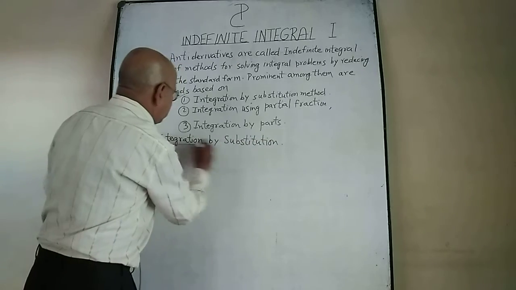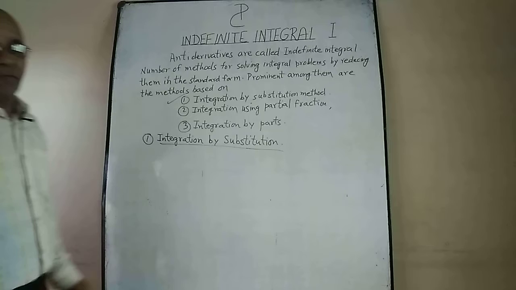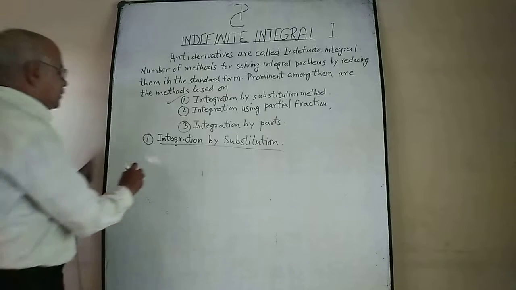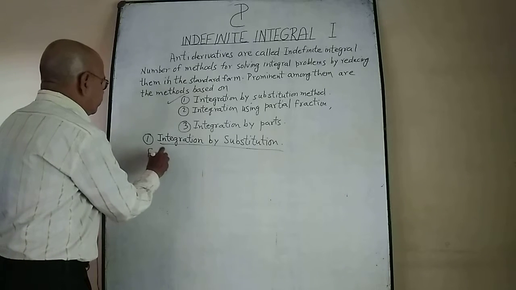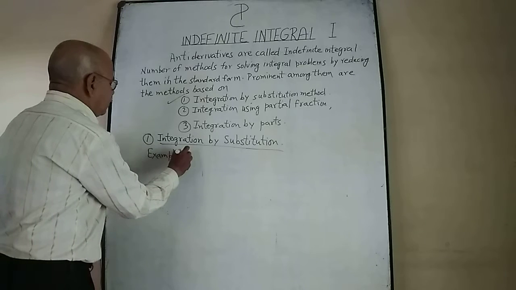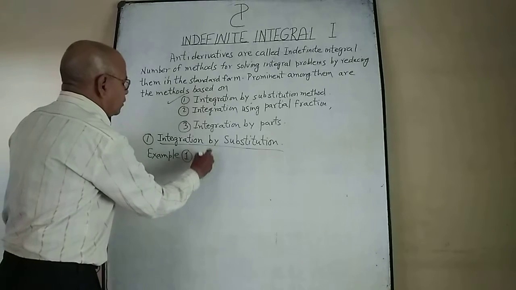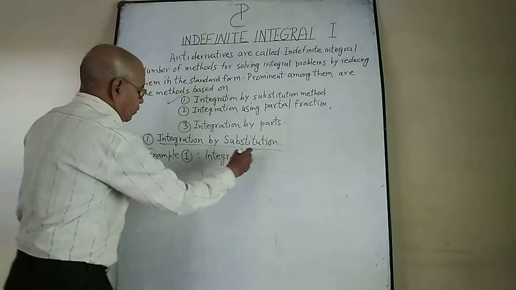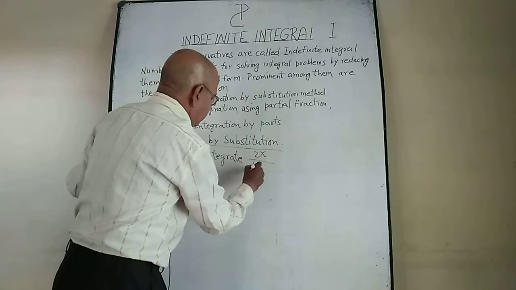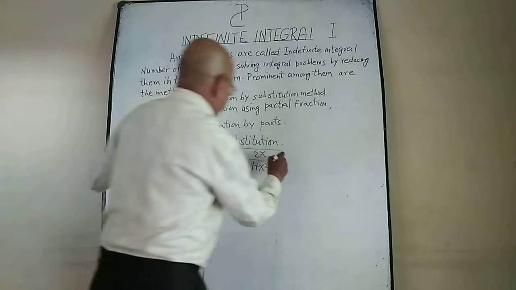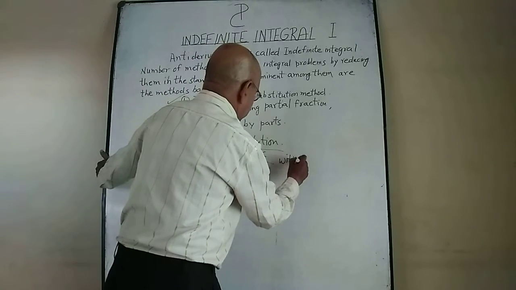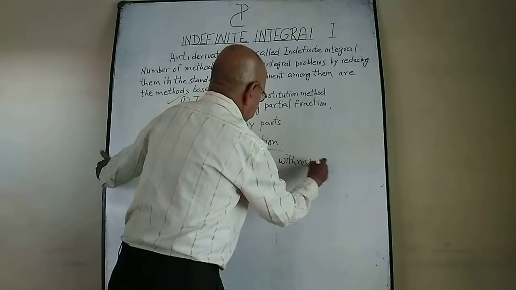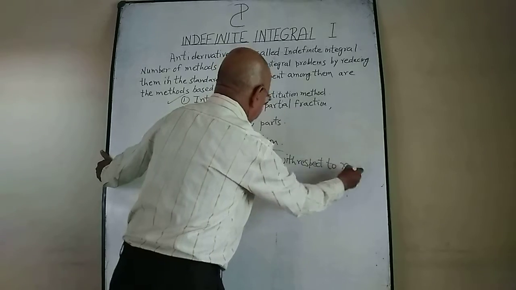In this integration by substitution, first of all we take an example, example 1. Example 1 is: integrate 2x upon 1 plus x square with respect to x.